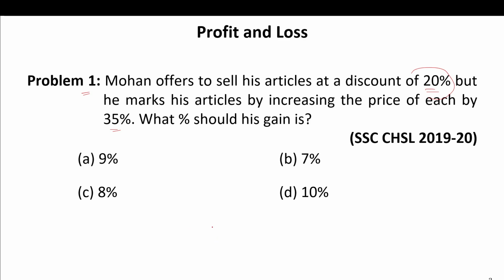First he marks up. So the price becomes 1.25x if x is the cost price, CP. What he wants to give is a 20% discount.